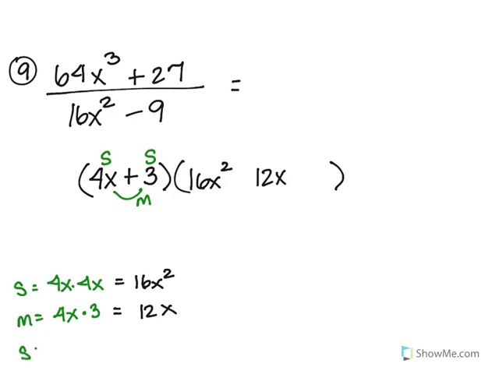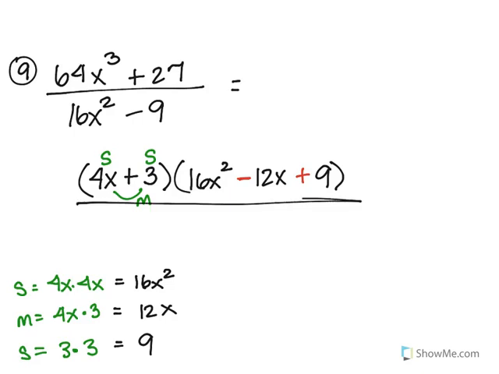And then square, the last term, means 3 times 3, and that is just 9. Now, the rule for your signs, if you're doing the sum of cubes, is that your negative must go on that middle term. You can only have one negative. The back number, the last term, will always be positive. So that's the factoring of the top polynomial, that cube.